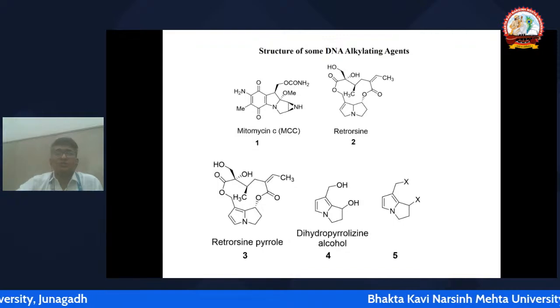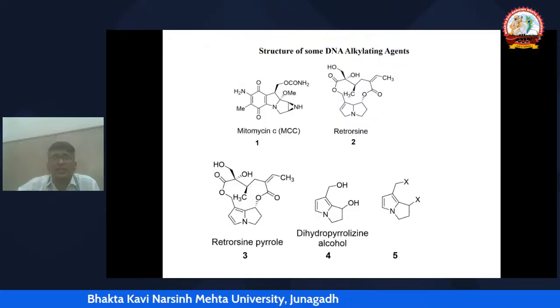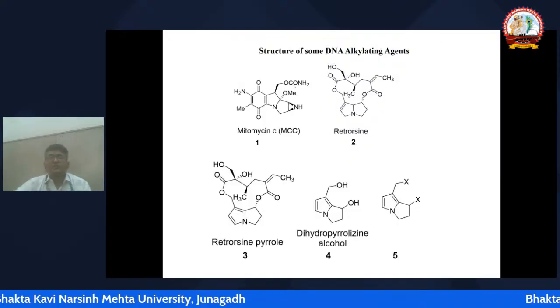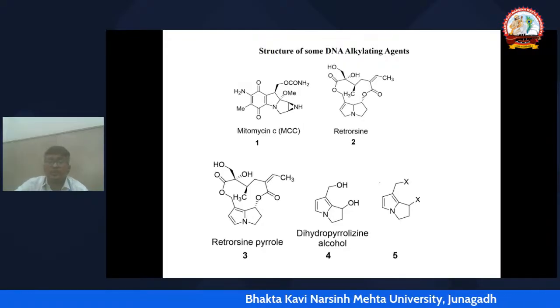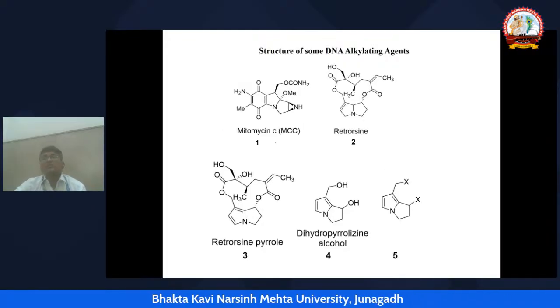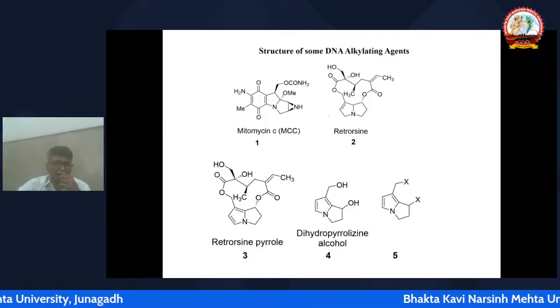Now there are the examples. First we are going to see how we can modify this DNA alkylating agent. We have several examples such as mitomycin C and erythrosins. These are molecules which have a DNA alkylating agent and produce very good anti-cancer activity.